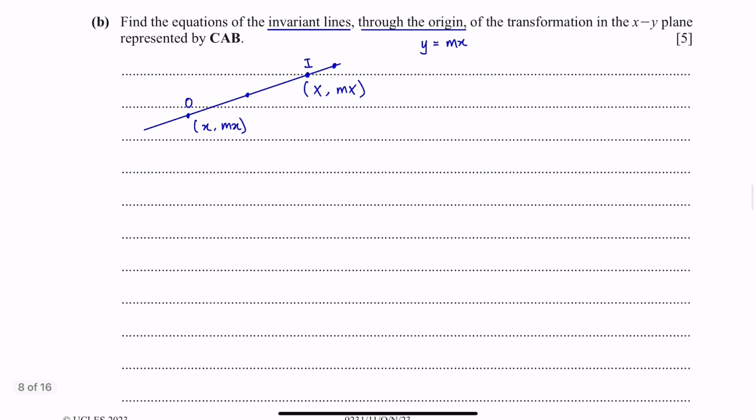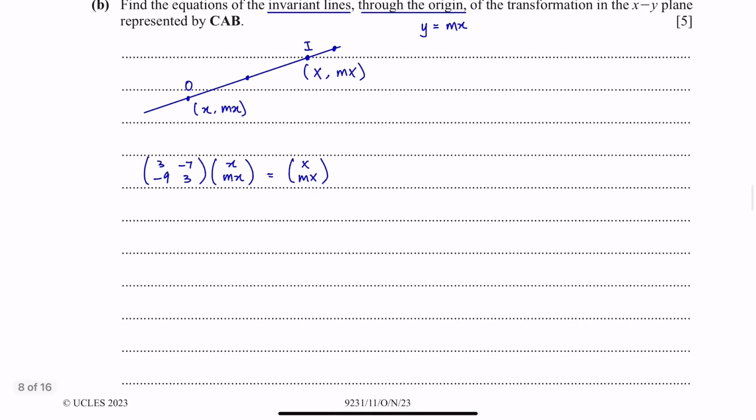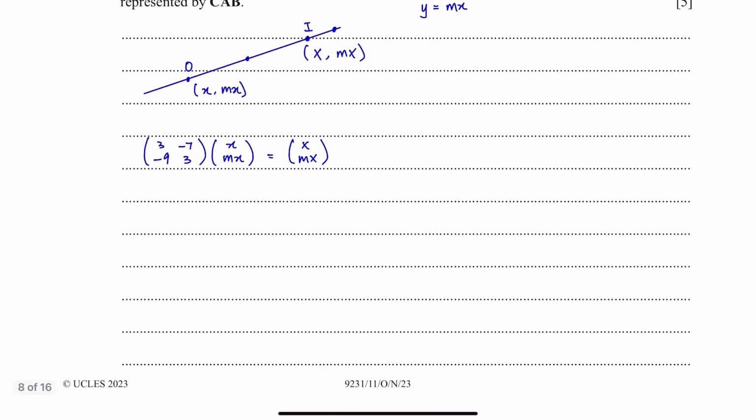So let's start. This is the transformation matrix, and we times the coordinates of the object to get the image. So for now, you just need to multiply it in this way to get x.